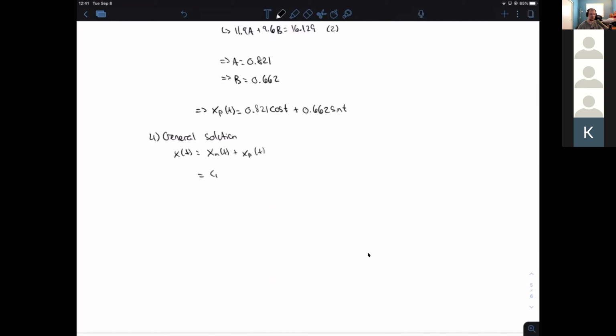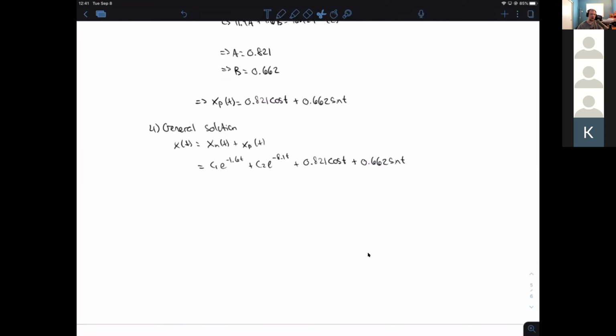Okay, so we add for the homogeneous C1 e to the minus 1.6t plus C2 e to the minus 8.1t. And then our particular solution plus 0.821 cosine of t plus 0.662 sine of t.